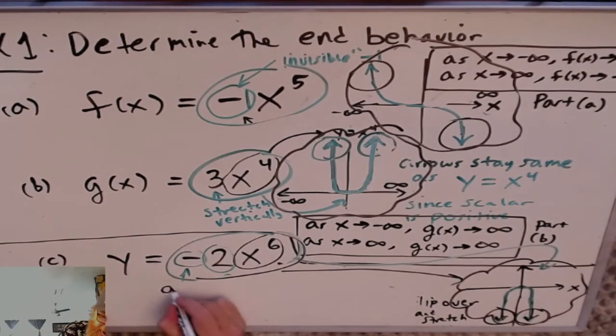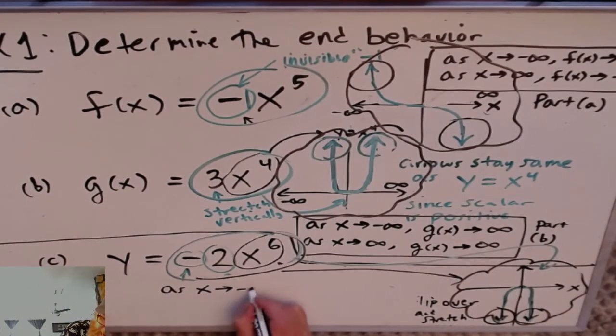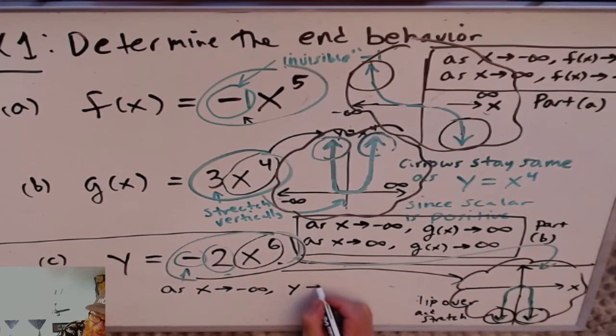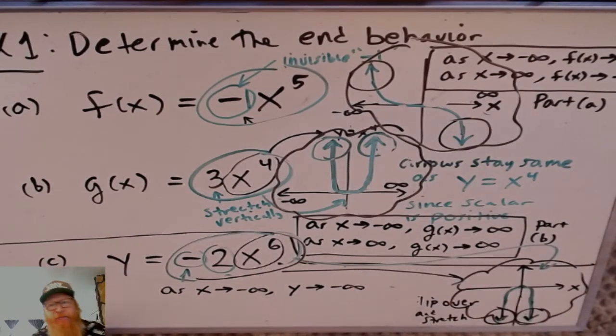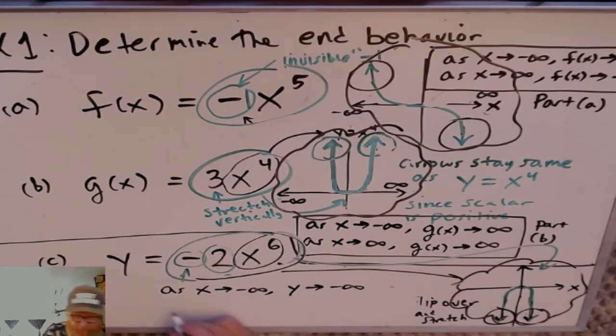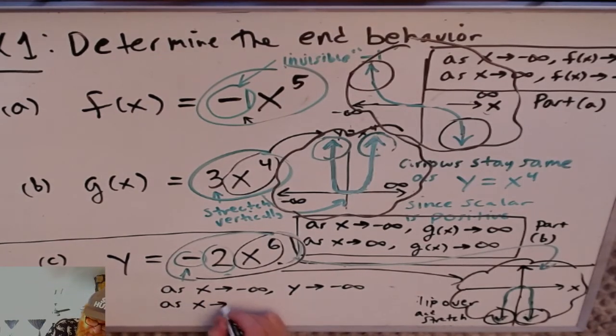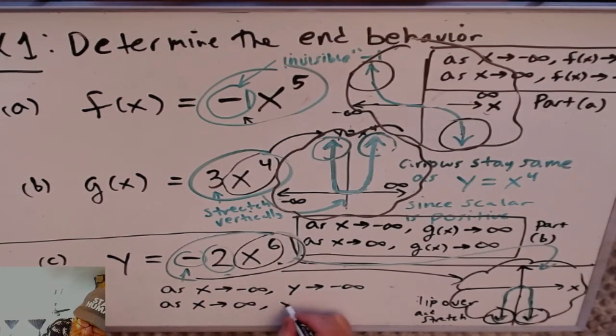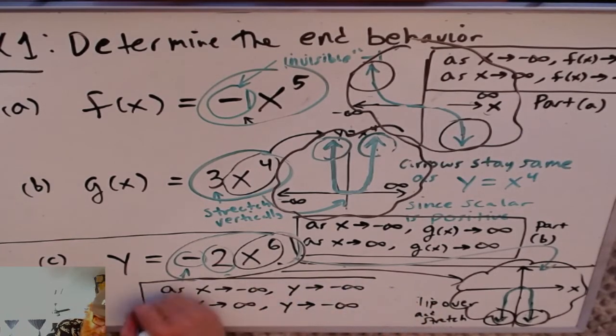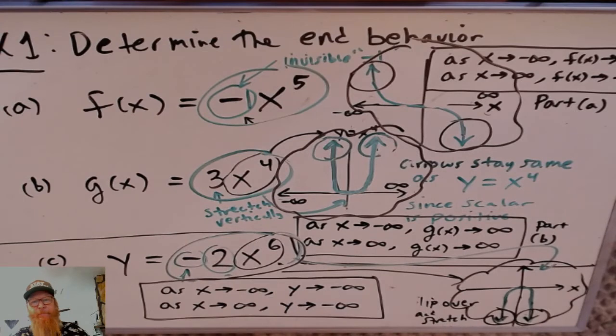So we say as x goes to -infinity, y goes to -infinity. It's going down. As x goes to +infinity, y is still going down. y is going to negative infinity.